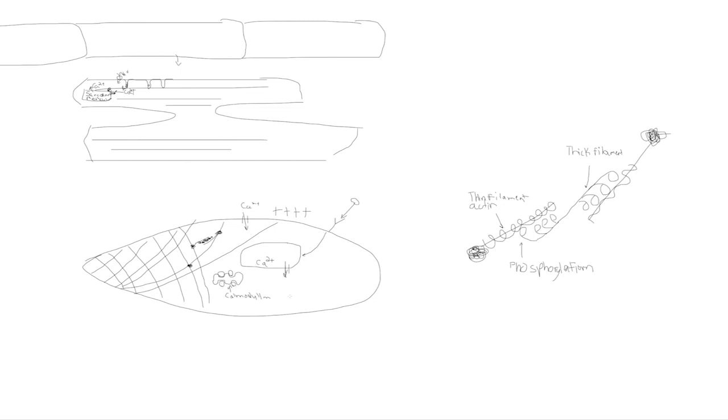Okay. So now you have calcium bonded to this calmodulin. And what this can do is it can activate something called myosin light chain kinase. Okay. Myosin light chain kinase. And let's just say it looks like this.